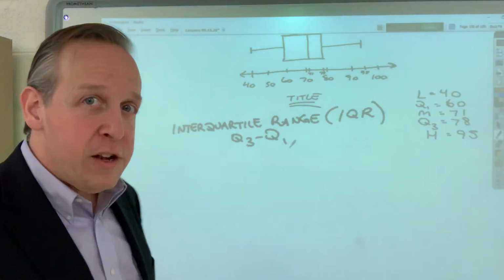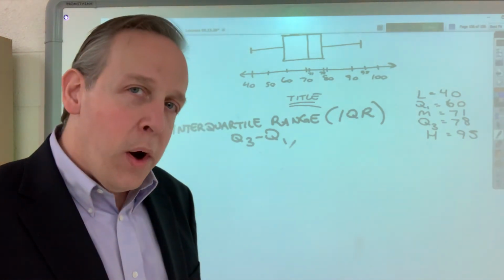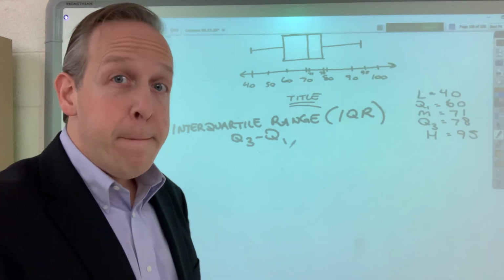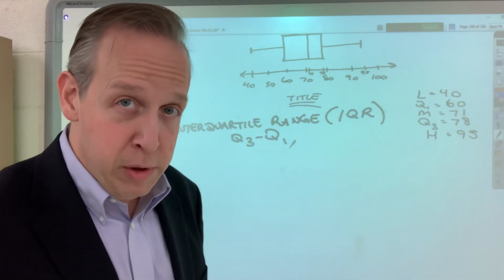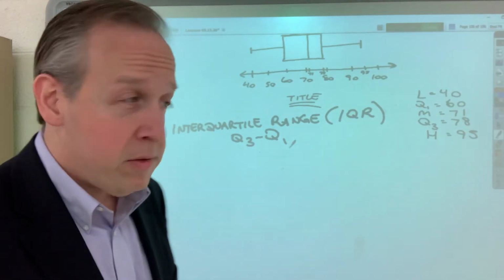A value is said to be an outlier if it is more than 1.5 times the IQR below the first quartile, below the box, or above the third quartile, above the box.